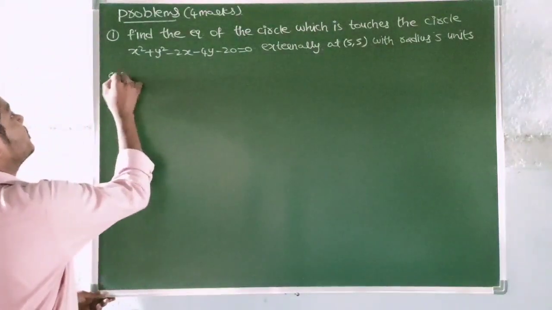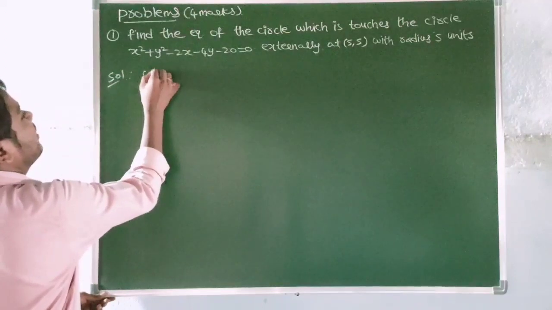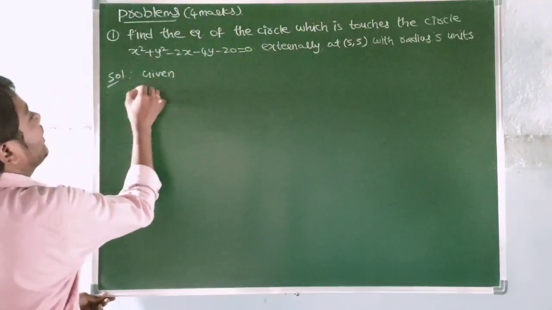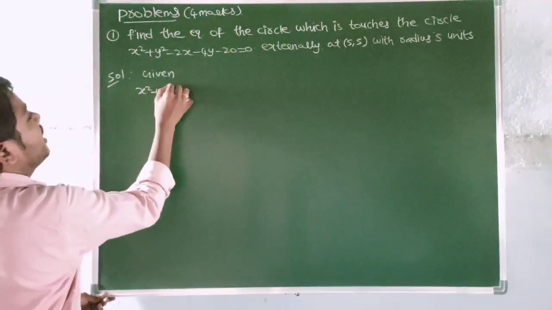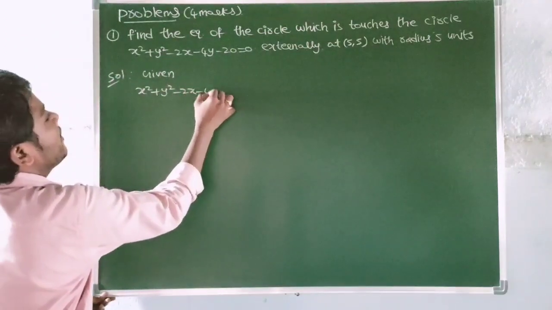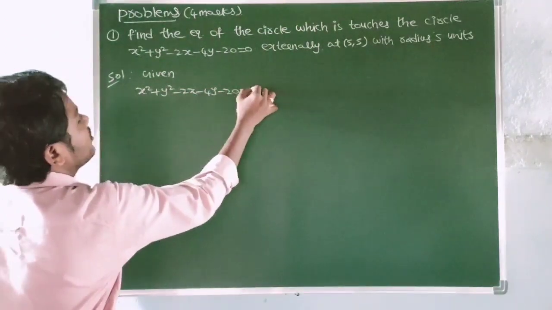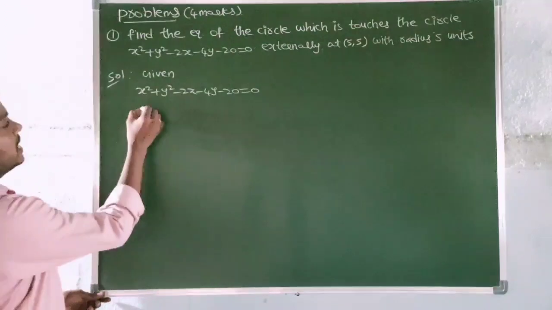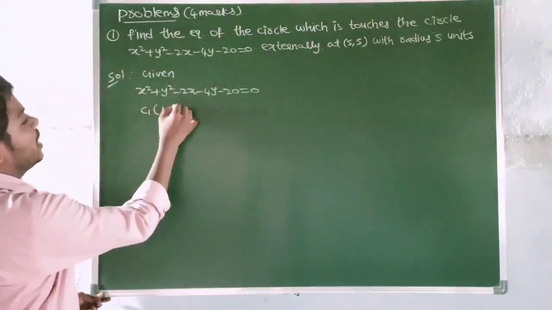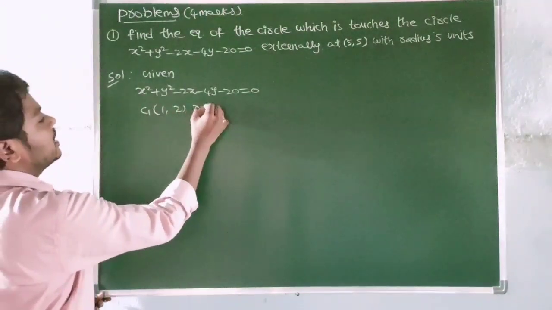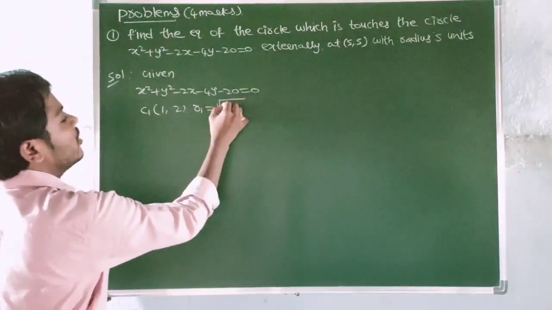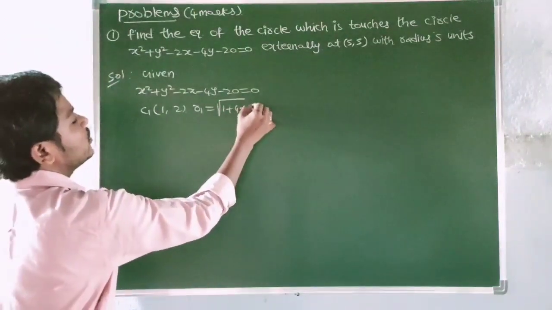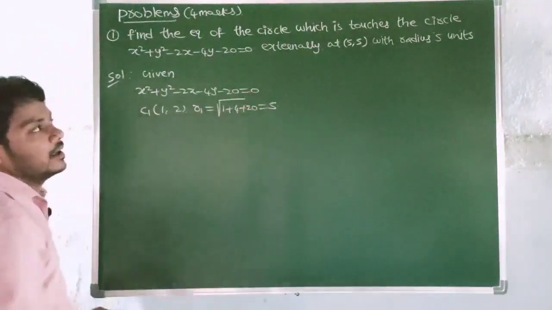So see here, given circle x square plus y square minus 2x minus 4y minus 20 equals to 0. What is the center of the circle? C1 is (1, 2) and radius of the circle is square root of 1 plus 4 plus 20, we get 5.